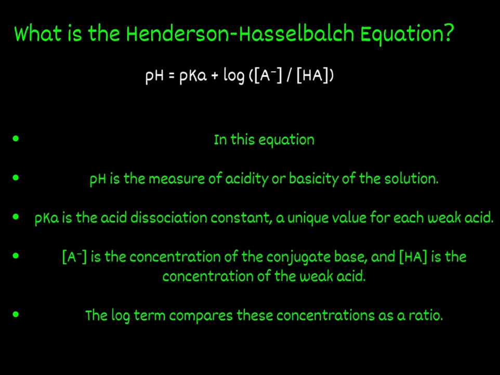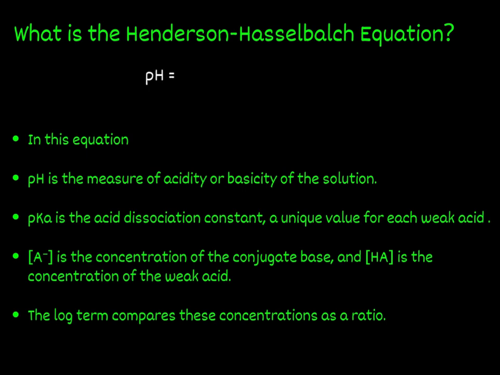So, what exactly is the Henderson-Hasselbalch equation? At its core, it's a mathematical relationship that connects the pH of a solution to the properties of a weak acid and its conjugate base. Here's how it looks: pH equals pKa plus log [A-]/[HA].